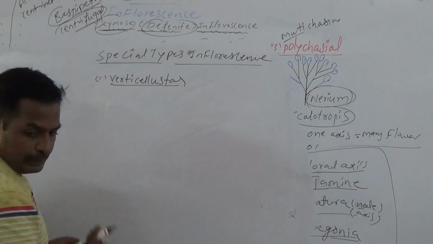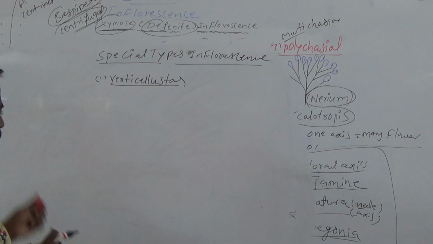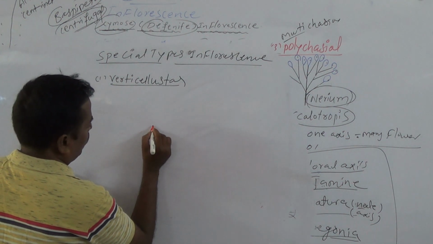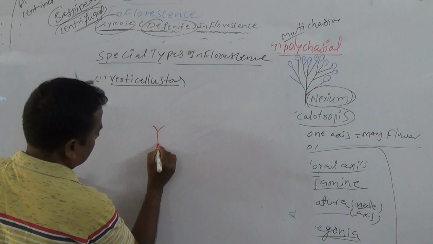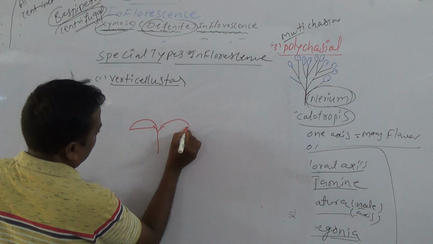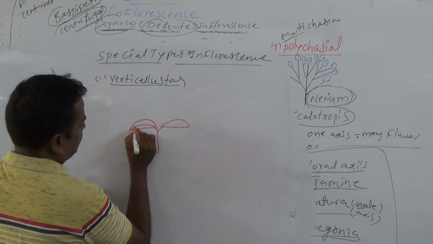So look here. The first one is verticillaster. In verticillaster, the main axis has opposite leaves. Two leaves are present.